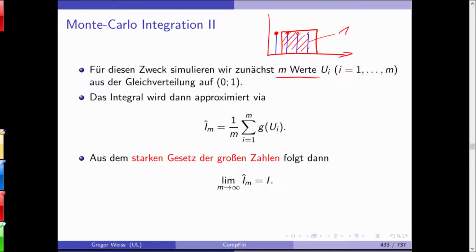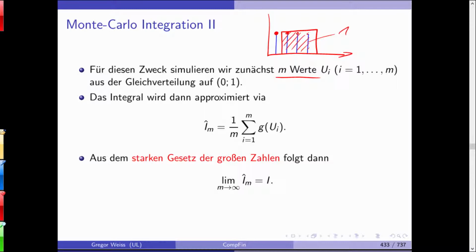Okay. Now, the integral is approximated by 1 over m times the sum over all those function values when you insert those uniform random samples into the function g.